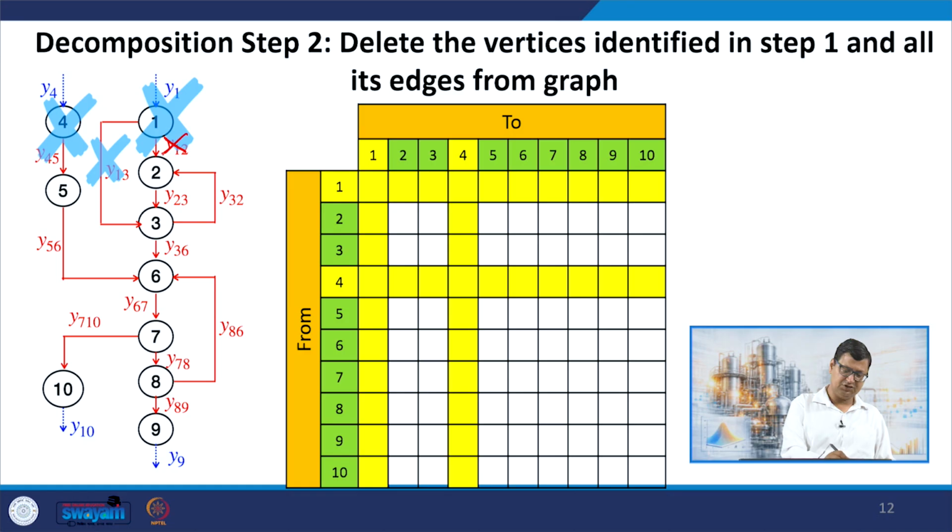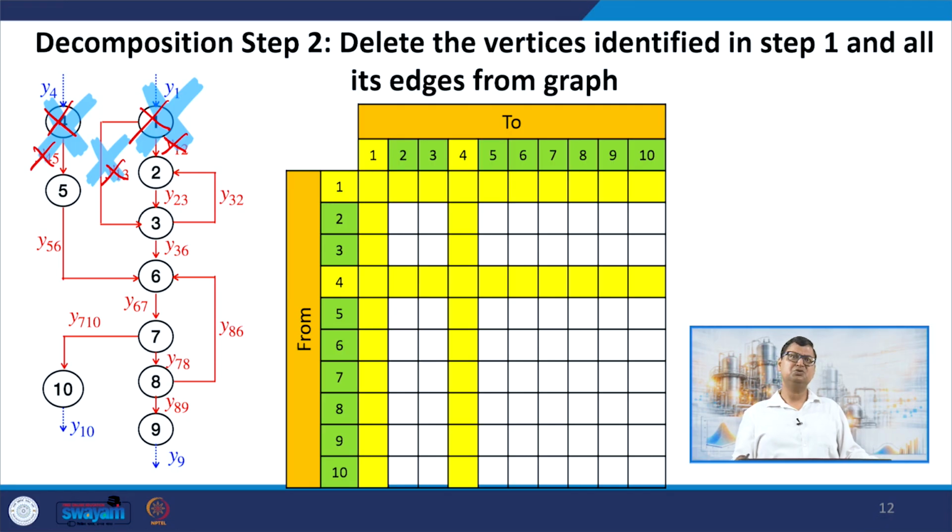I delete y13, and I also delete the vertex 1. Similarly, I delete y4, which is already not being considered, I delete the vertex 4 and I delete the edge y4,5. Only the remaining vertices and all the edges connecting them become the reduced graph that we have.